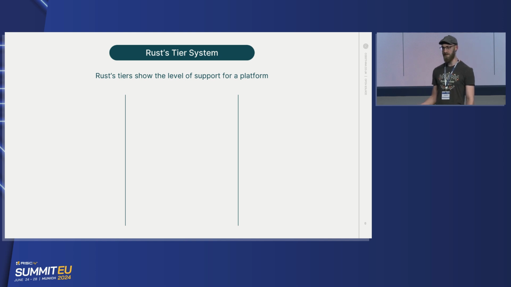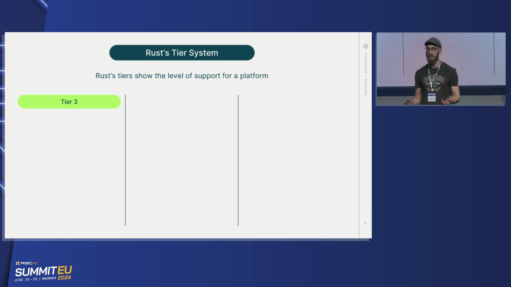So what does it actually mean for a target to become Tier 1 in the Rust project? Basically, the target support of the Rust project is divided in 3 tiers, where Tier 3 is effectively, this target exists in the compiler, but it's not necessarily nicely supported. It may or may not work.